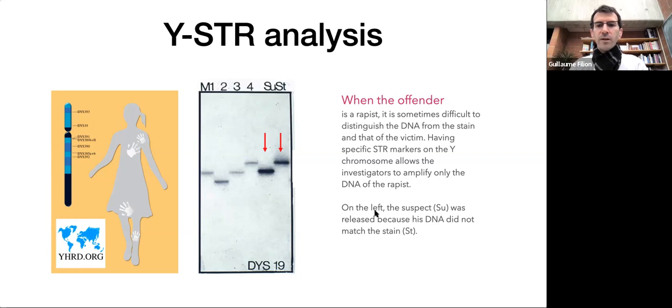So on the left is the suspect that was released because his DNA was not a match. So you've got here the DNA from the rapist, and sorry, these are markers here that are controls. The suspect has a YSTR that looks like that, and the rapist here has this DNA.